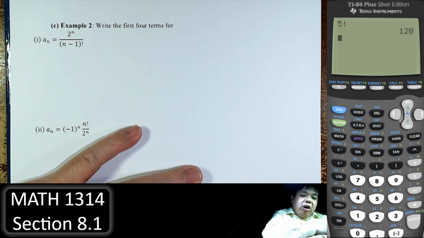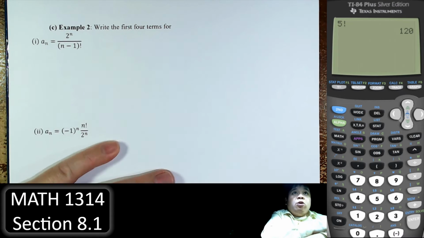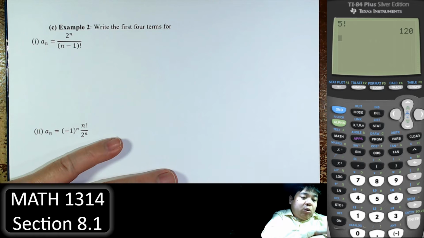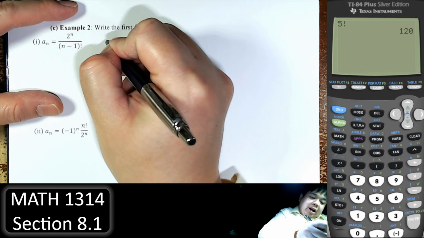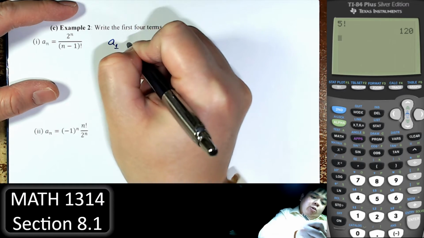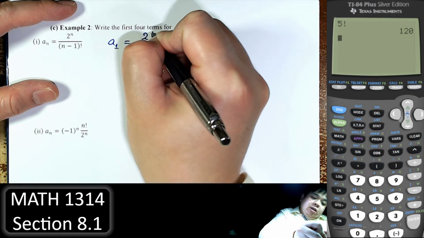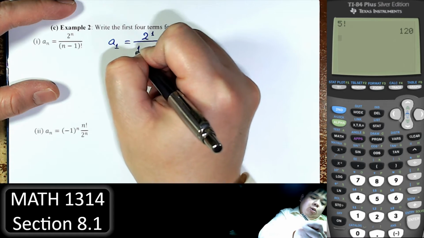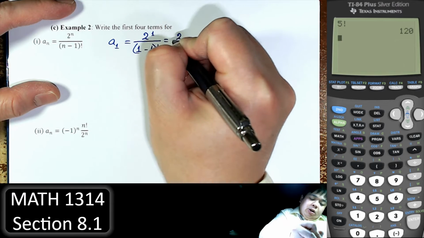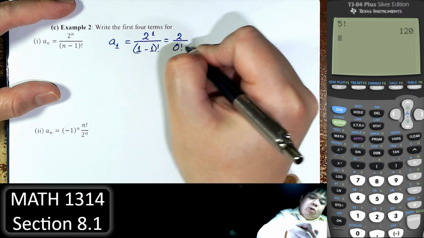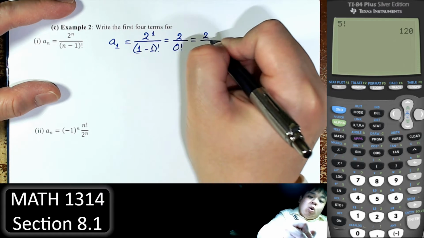Next, write the first 4 terms for this expression. Well, this is what we saw before. That should be easy. n equal to 1, so we have a sub 1, 2 to the first over 1 minus 1 factorial. So that gives us 2 over 0 factorial. 0 factorial by definition is 1.